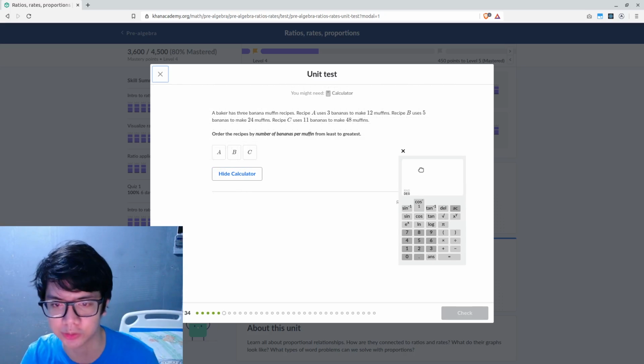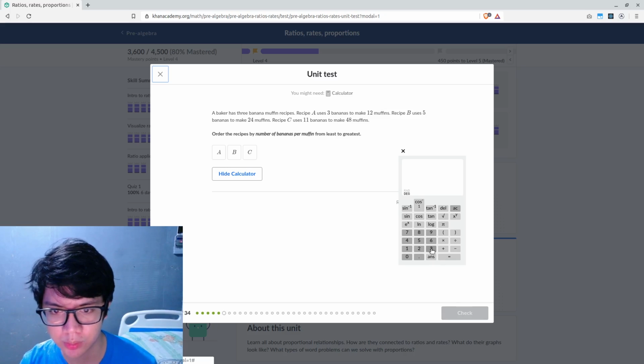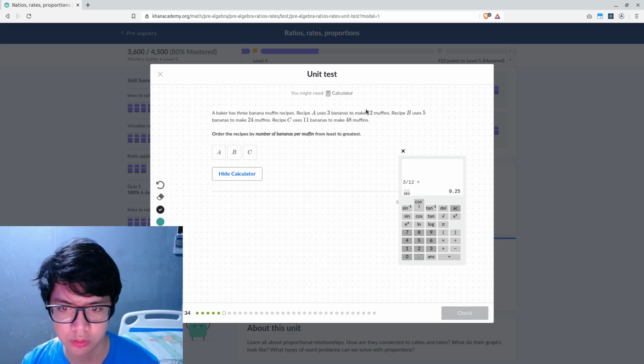Oh, cool. Calculate the number of bananas. So it's bananas per muffin. So this one's 0.25.